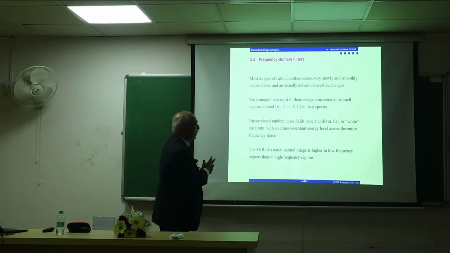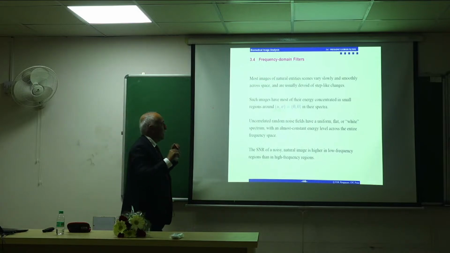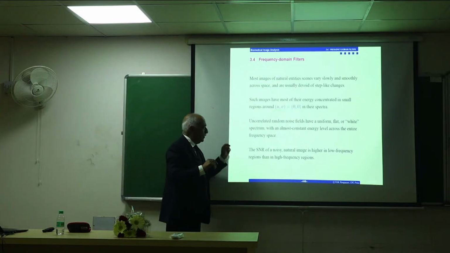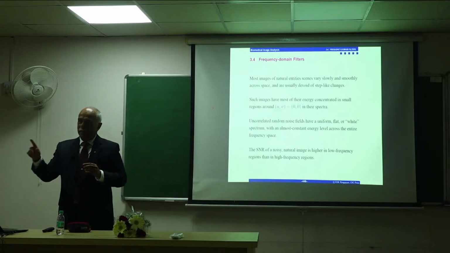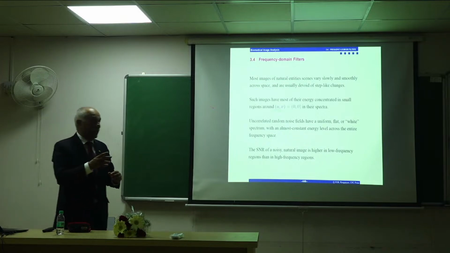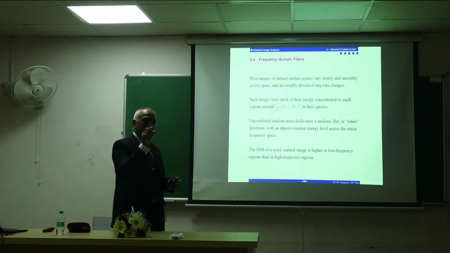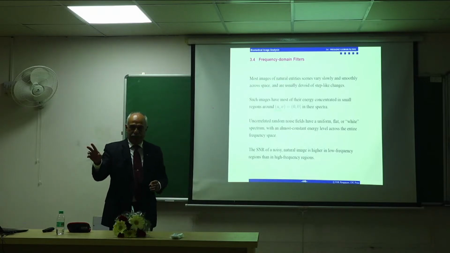Uncorrelated random noise fields have uniform, flat, or white noise. Their spectra will be constant. So the SNR of a noisy natural image is not constant across the frequency range. The SNR could be high in the DC and low frequency area and could be poor in the high frequency area.